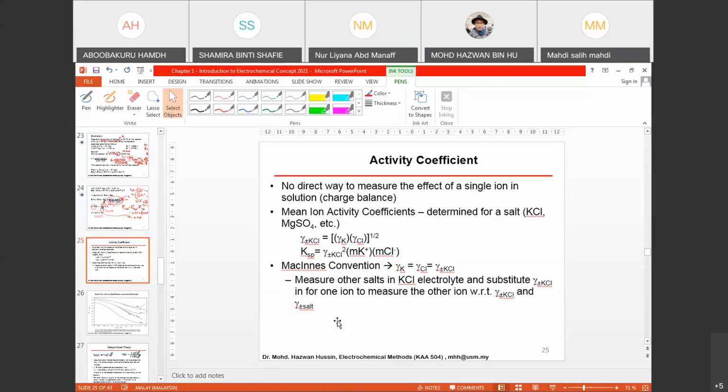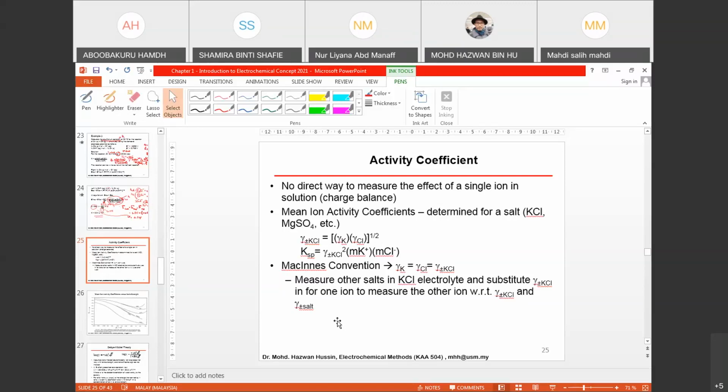There's no direct way to measure the effect of a single ion in a solution, because it's always in a balanced condition, charge balance. You have one positive, you have another counter ion, which is negative, and the mean ion activity coefficient is what is determined for a salt.